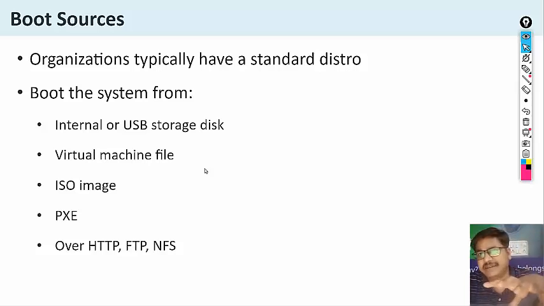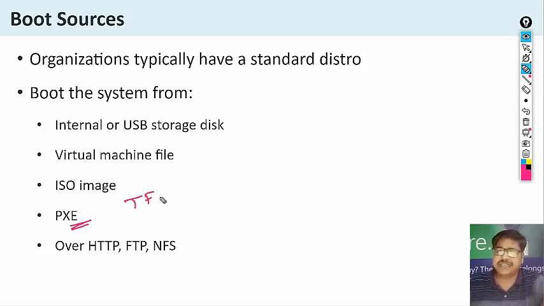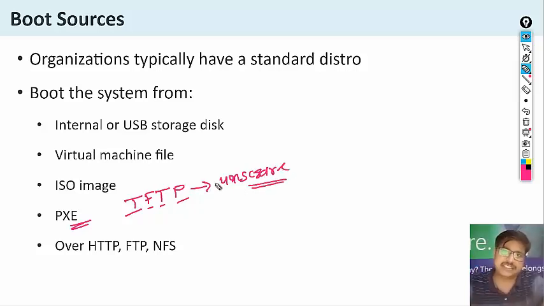PXE loads the image based on the TFTP protocol. TFTP is the Trivial File Transfer Protocol, and this is an unsecure protocol used for downloading files from the network.